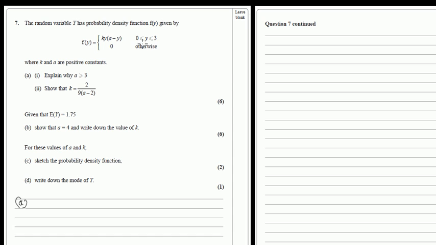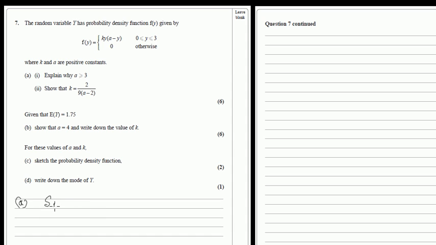If A is 3, the whole thing would become 0. If A is greater than 3, the whole thing would be positive. But if A is less than 3, meaning 2, then the value would be negative, which is not possible. This is the main reason, because probability cannot be negative. Probability has to be greater than or equal to 0.